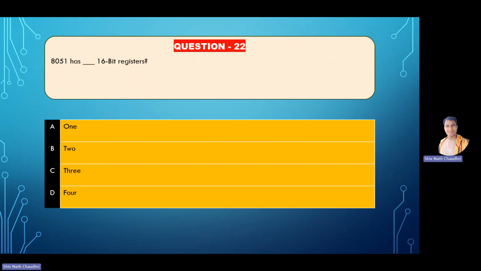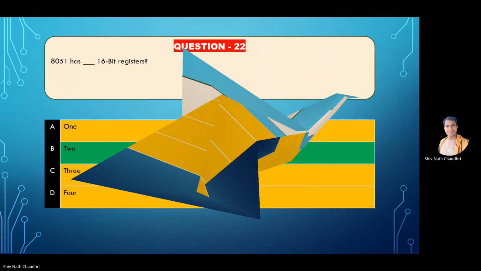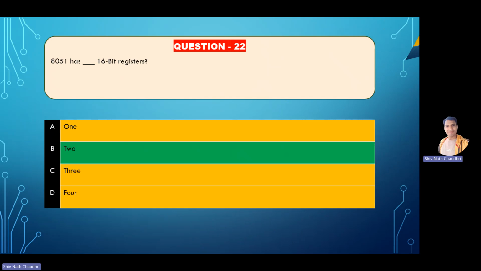Okay, if you find the overview and introduction part of 8051, somewhere it is mentioned that 8051 has two 16-bit registers. Yes, 8051 has only two 16-bit registers. I think one of them is DPTR, and I don't remember exactly the second one, but 8051 has only two 16-bit registers there.